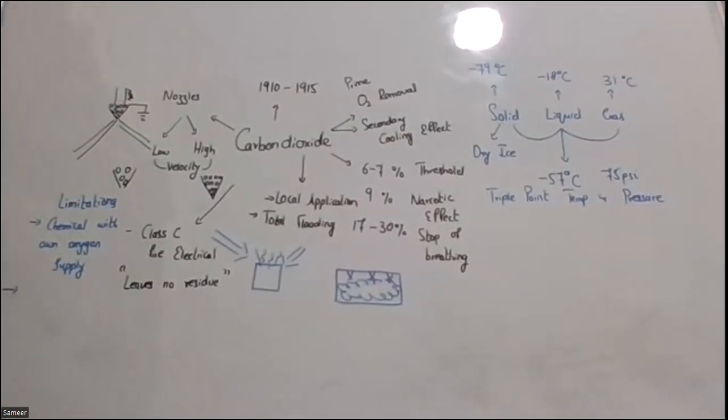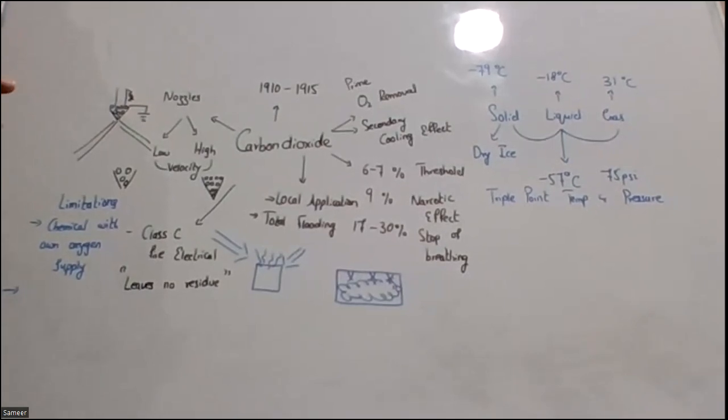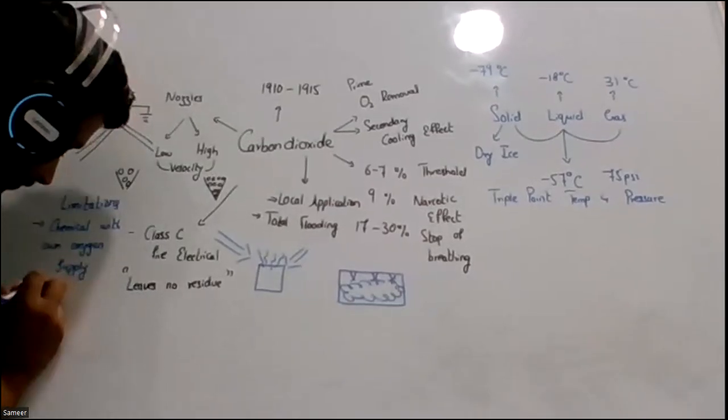Next, any type of reactive metals like magnesium, potassium, zirconium, titanium, sodium. For these reactive metals, carbon dioxide is ineffective. Fires involving reactive metal.